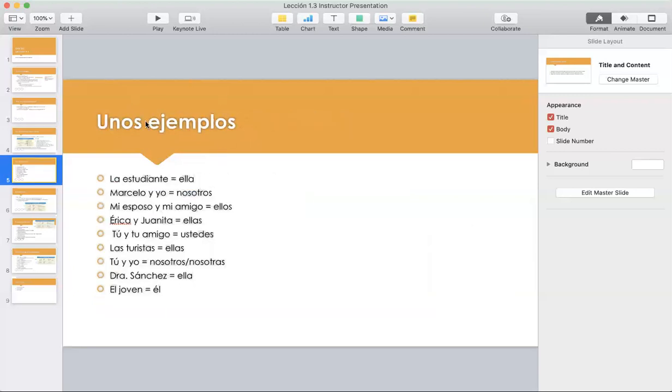So here we have unos ejemplos, which means some examples. So la estudiante, the female student, you will replace it with ella, which means she. Marcelo y yo, you will replace it with nosotros, Marcelo and I. So if Marcelo and I, if I am a female, remember that in Spanish we always have the predominance of the masculine.